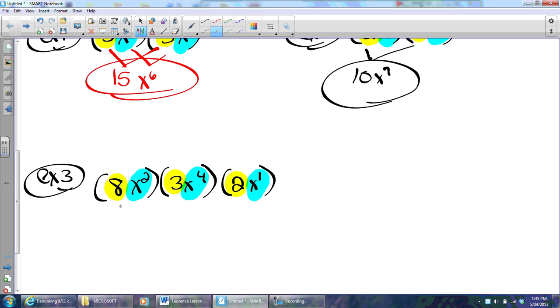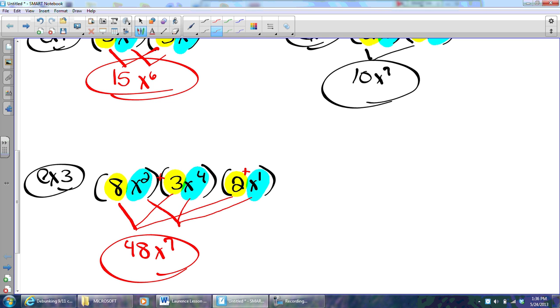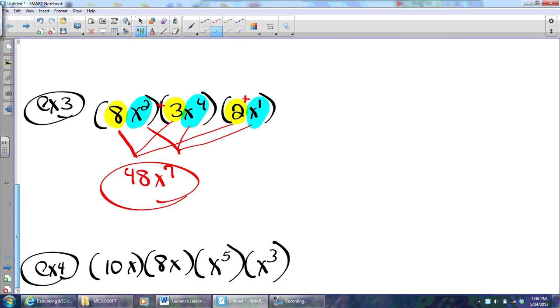So now I'm going to multiply 8 times 3 to get 24 times 2, which is going to be 48. And then I'm going to multiply x to the 2nd times x to the 4th times x to the 1st. Well, 2 plus 4 is 6, plus another 1 is 7. x to the 7th. This is too easy. Can't believe how simple this is.